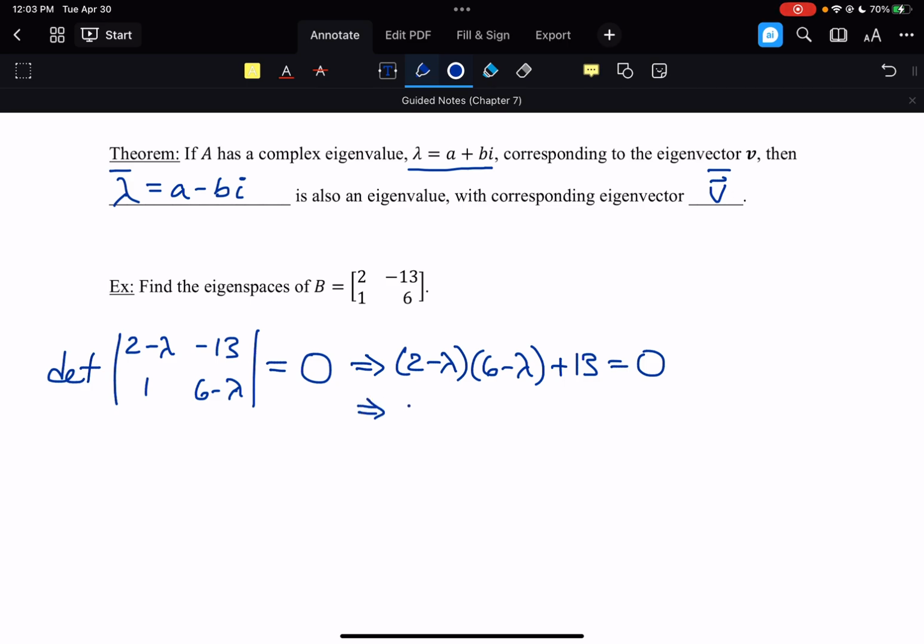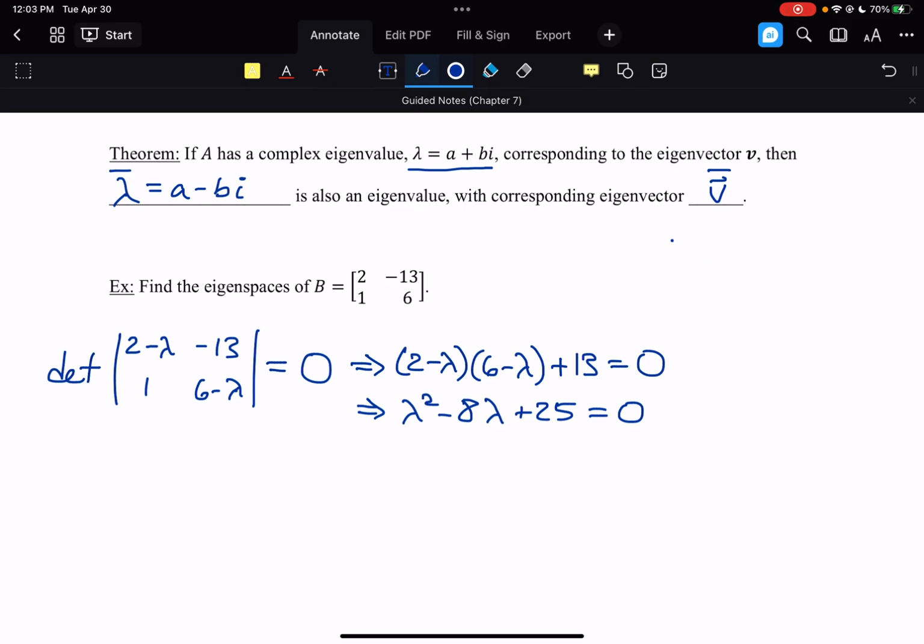So we get lambda squared minus 6 minus 2, so that's minus 8 lambda, plus 12 plus 13 is plus 25, equals 0. And we would hope that it's factorable, but in this case it's not.